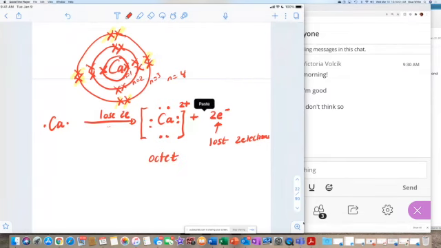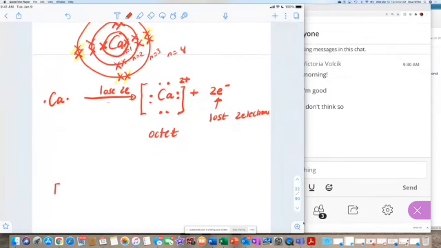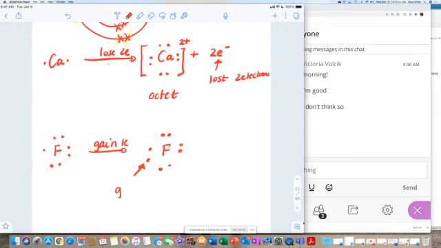Okay, now what's the story with fluorine? With fluorine, we said fluorine had 1, 2, 3, 4, 5, 6, 7, right? Fluorine was going to gain 1 electron, and when it gains 1 electron, fluorine now has 1, 2, 3, 4, 5, 6, 7. This is the gained electron.